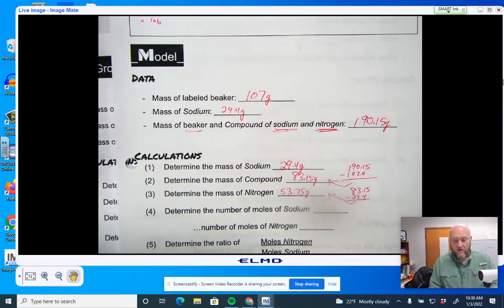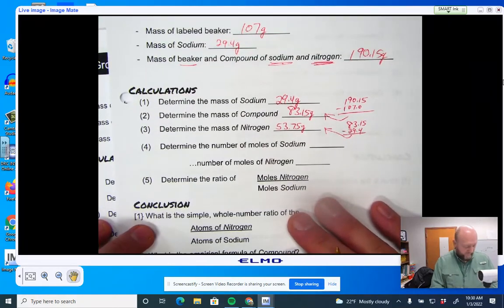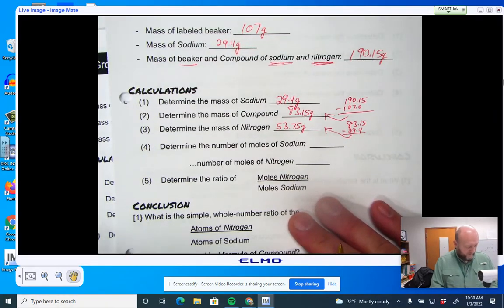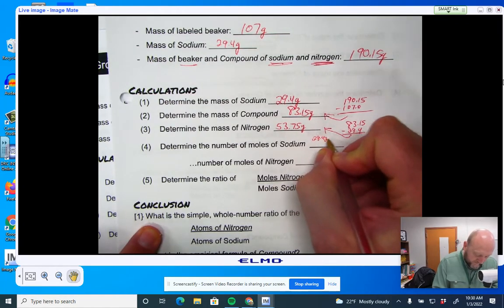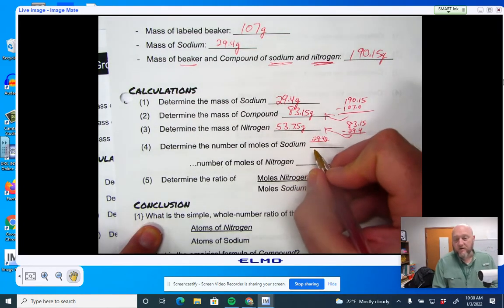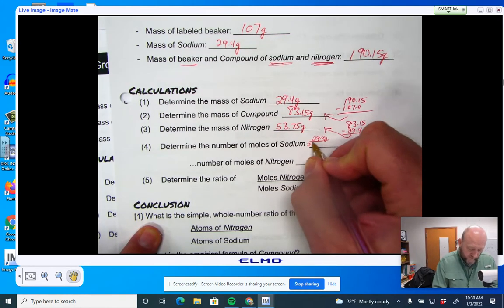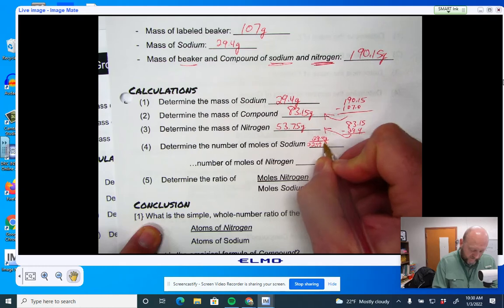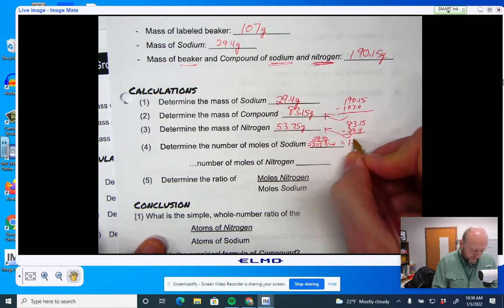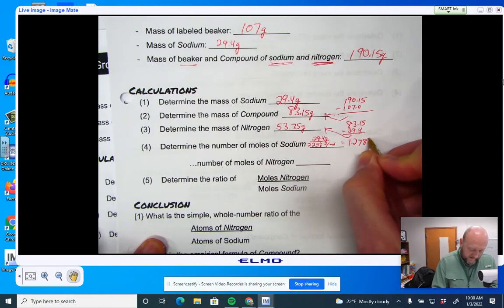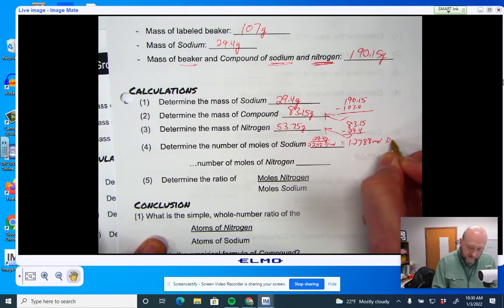What we need to do now is determine the number of moles of each of those. So our sodium, we have 29.4 grams of sodium. From the periodic table, we see that the molar mass of sodium is 22.99 grams per mole. So that's going to be 1.2788 moles of sodium.